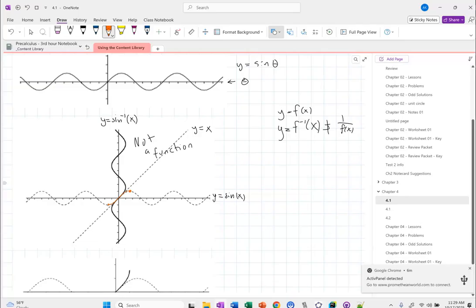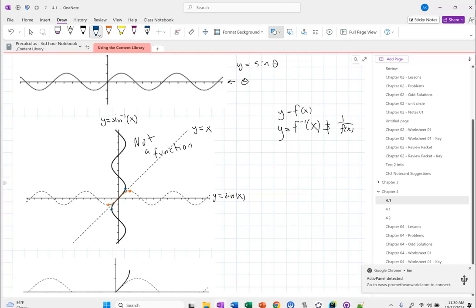So the solution, what we do, is instead of taking the entire graph of sine, we restrict its domain. So we only say, okay, what if I just worry about that part of sine? If I do that, then that's all of the inverse, sine inverse.